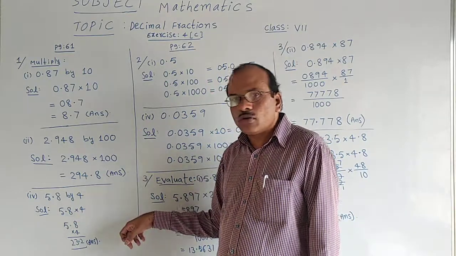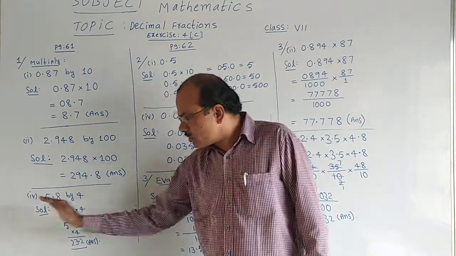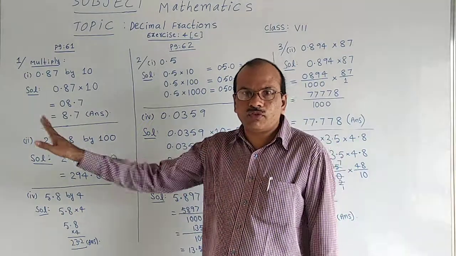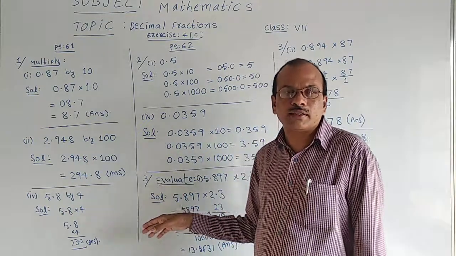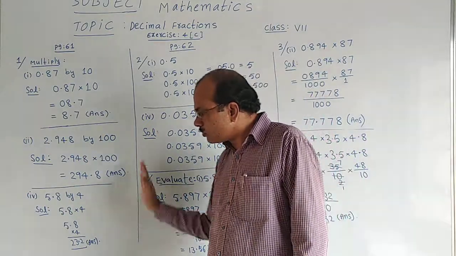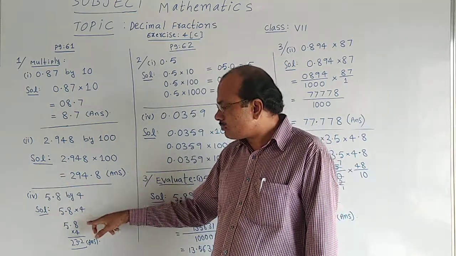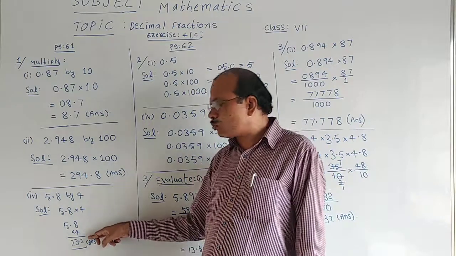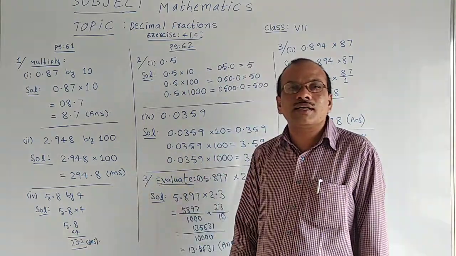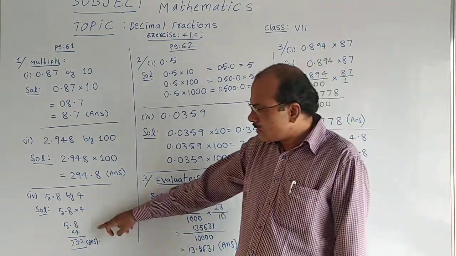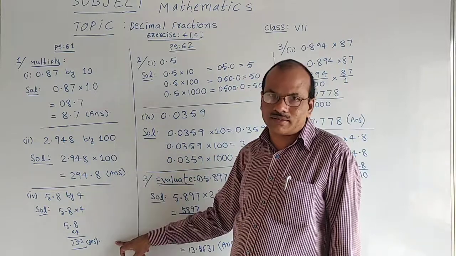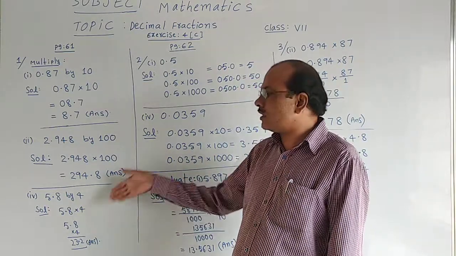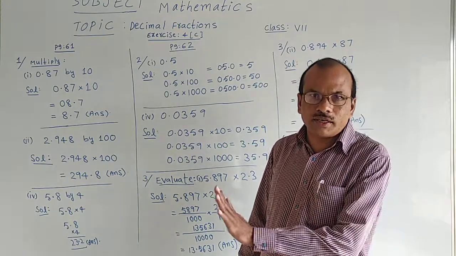In the question the point is after one digit. From right to left we should count the digits in the decimal part. So after one digit the point is there. In the answer also, after one digit I have to place the point. That is 23.2. That becomes the answer for this product. It is very easy because it is ordinary multiplication only. Is it clear now, students?